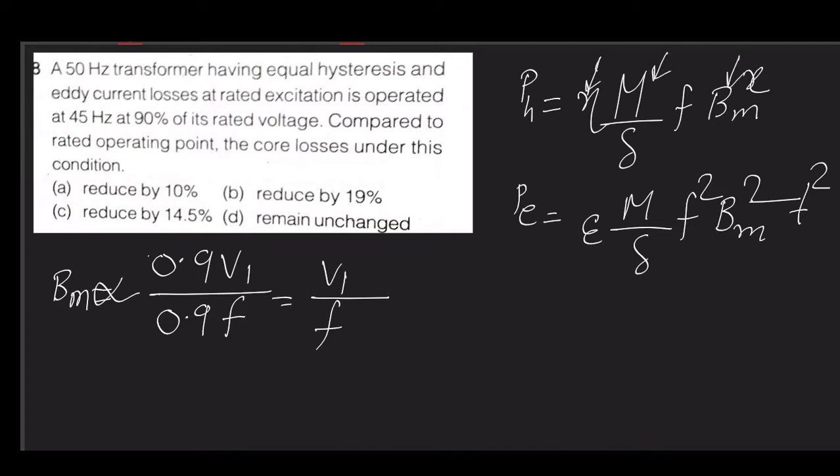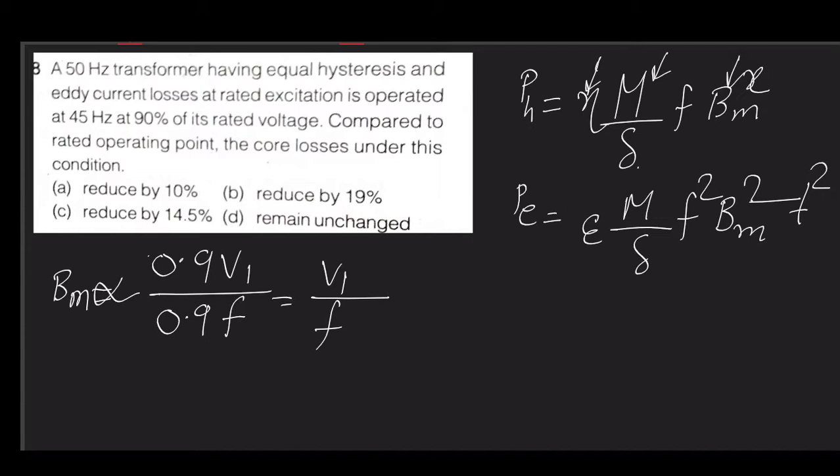as constant. What I am trying to say is eta, if you recall, is a property of your material. M and delta actually depend on the hardness of your magnetic material. So this is a property of the material you have used for making your core. M is the mass of the transformer, delta is the density.